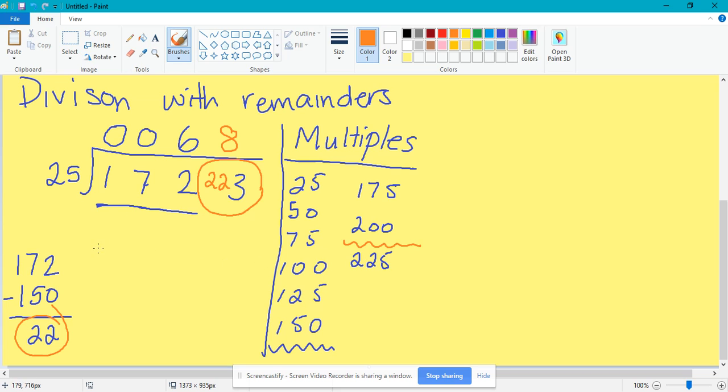However, we still have some left over, so we can do 223, and we take away what 25 times 8 is. We take away 200, which gives us a nice flat 23. So our answer is 68 with a remainder of 23.